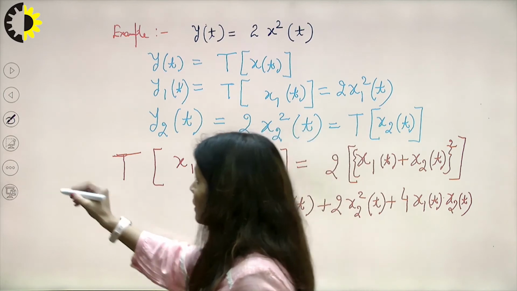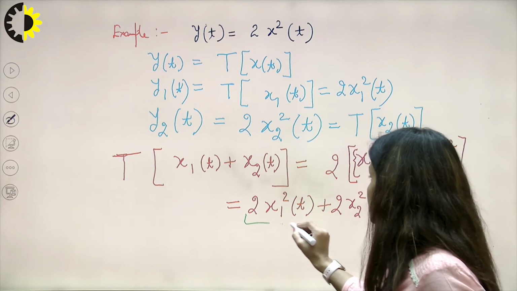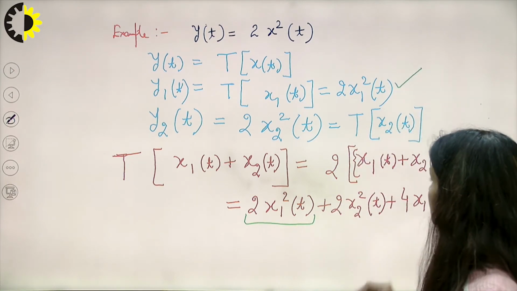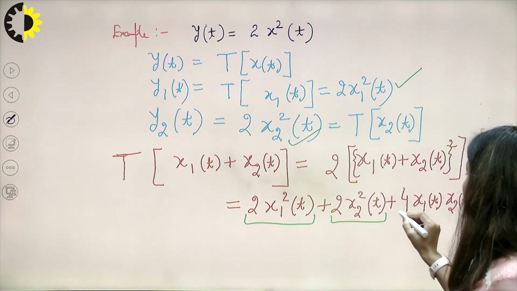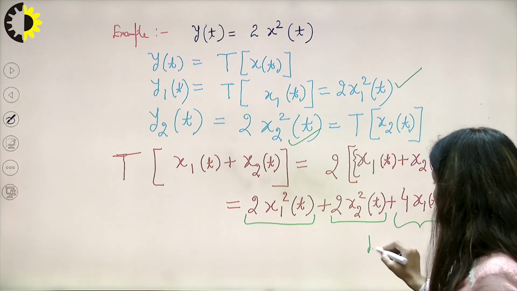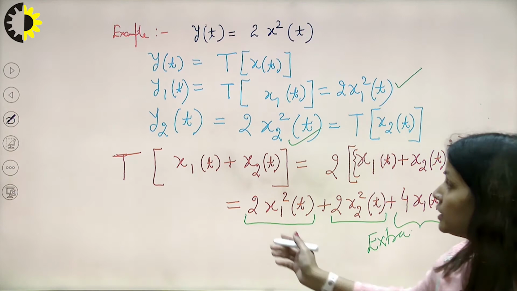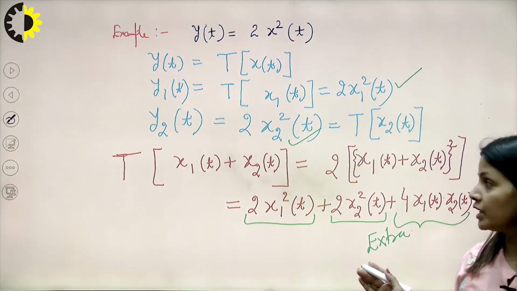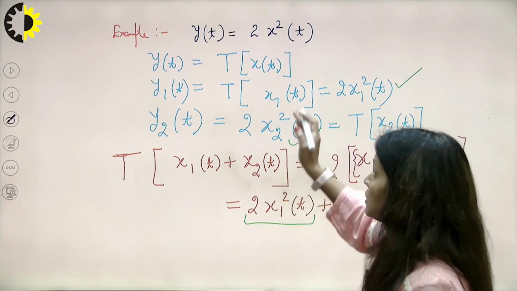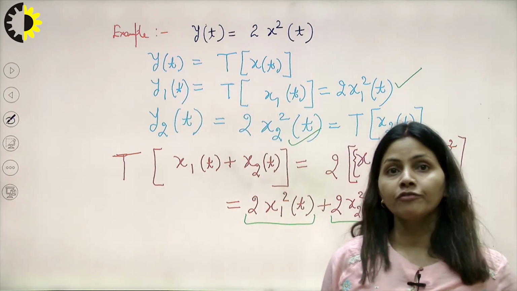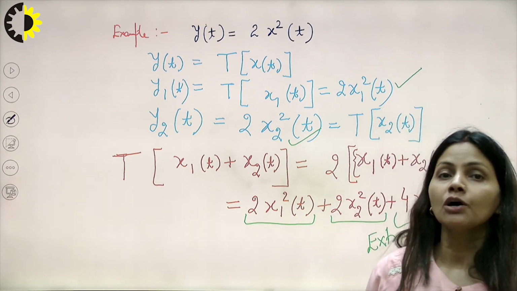Here I can say that this term matches and this term also matches, but this one comes out to be extra. Hence T of x1(t) plus x2(t) is not going to be equal to the individual sum of the outputs for the corresponding inputs, that is y1(t) plus y2(t).